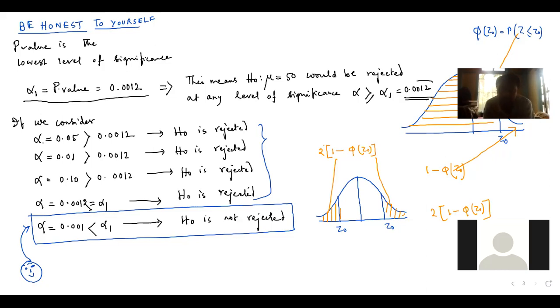And if you distort your data for some personal issues or some personal gain, and if you are caught, then remember that it is a kind of punishable offense.